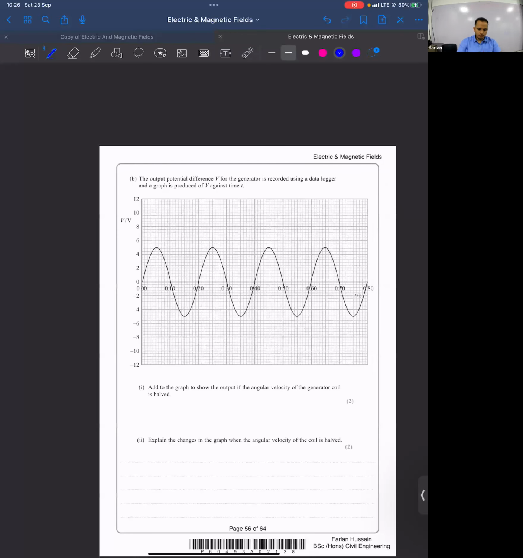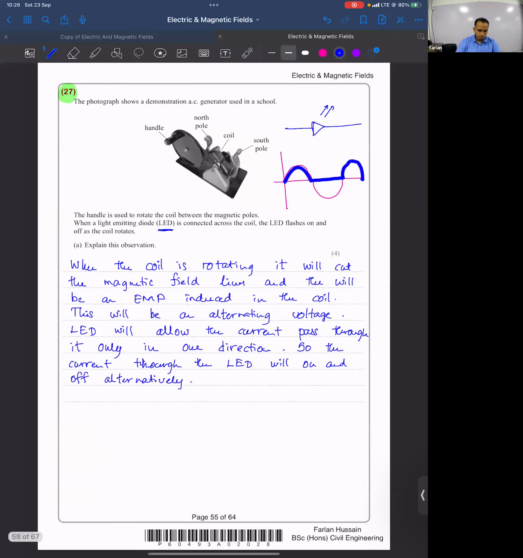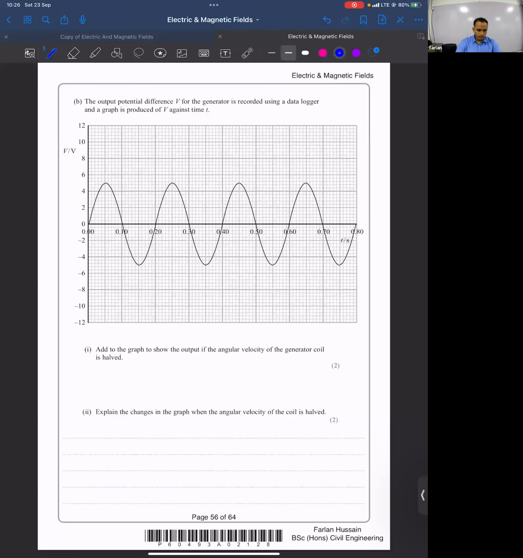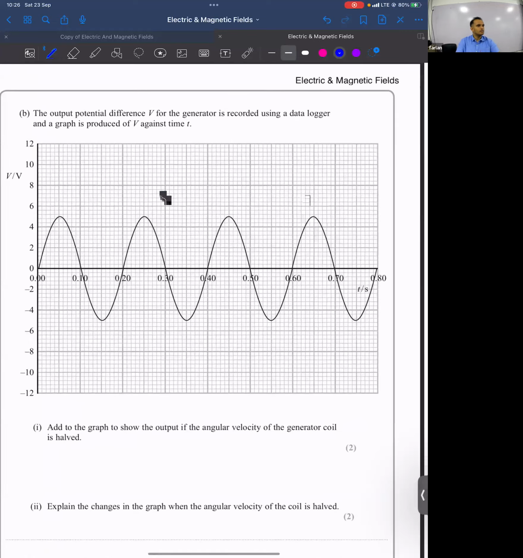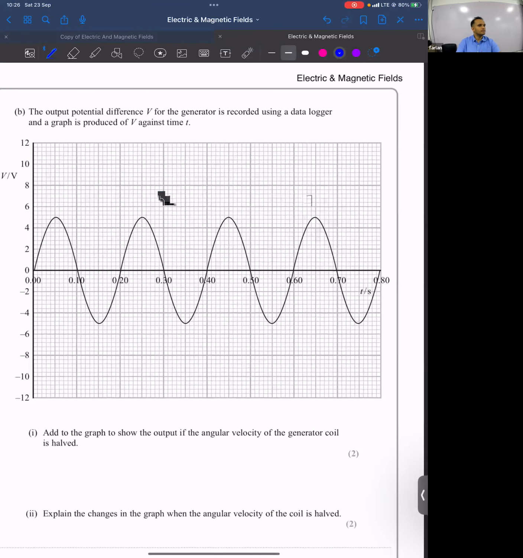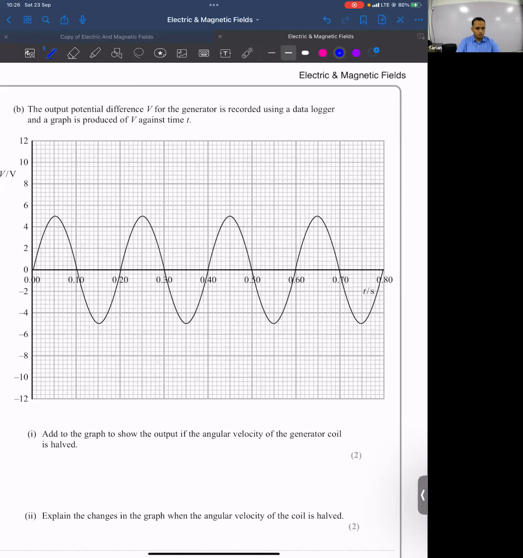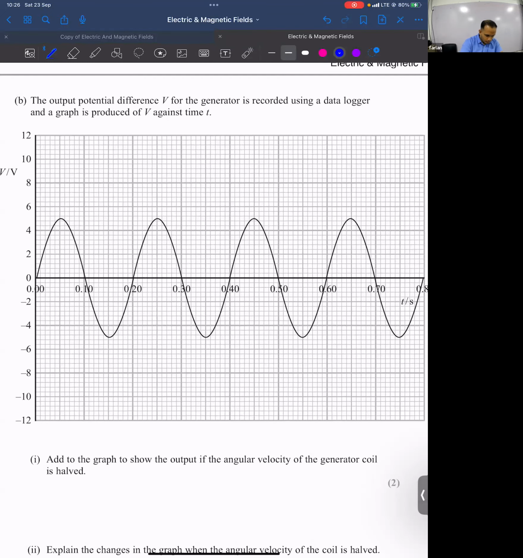Guys, now if the generator coil is rotated at half the speed, how will the graph be? So wait, don't draw this. Tell me if this is correct. Angular speed is half, right? What if I draw something like this?